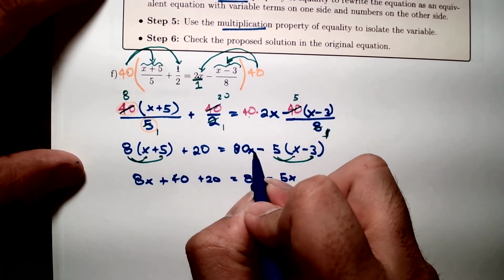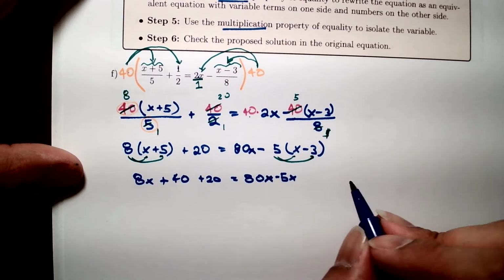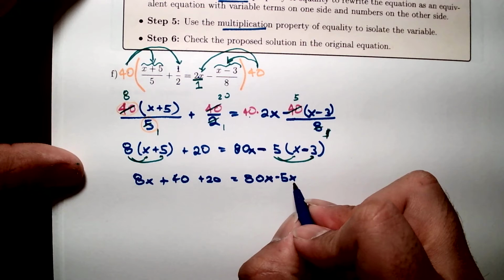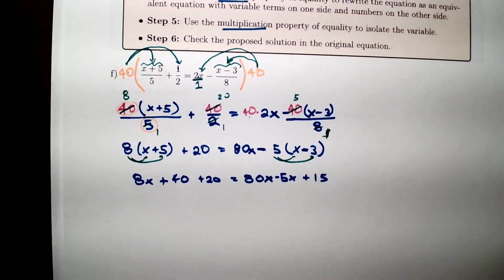Actually, I forgot the x right here, 8x. Okay, minus 5x, and then negative times negative, be careful there. That's a positive 15. Okay, so that's the equation pretty much expanded.